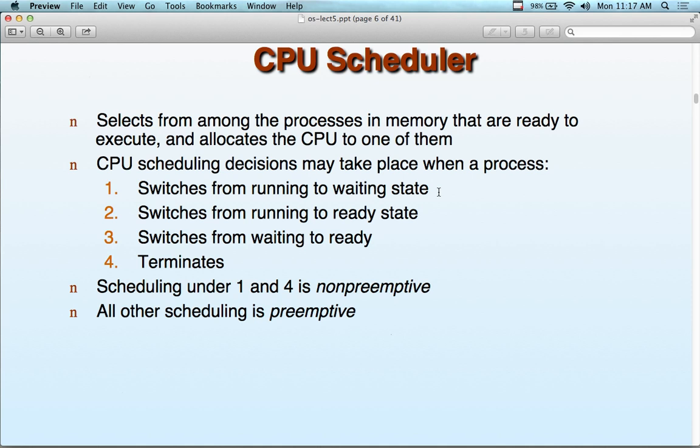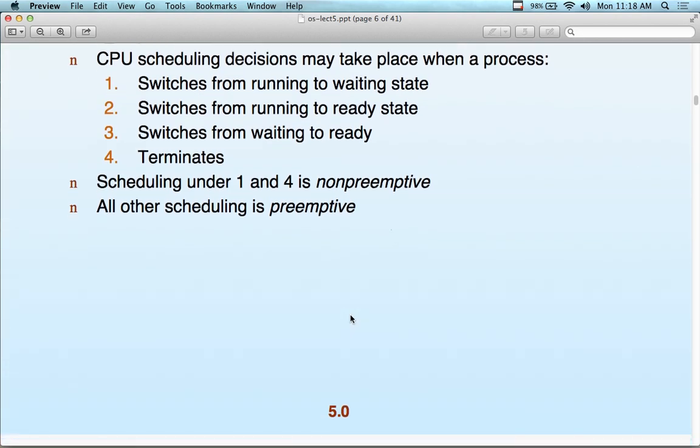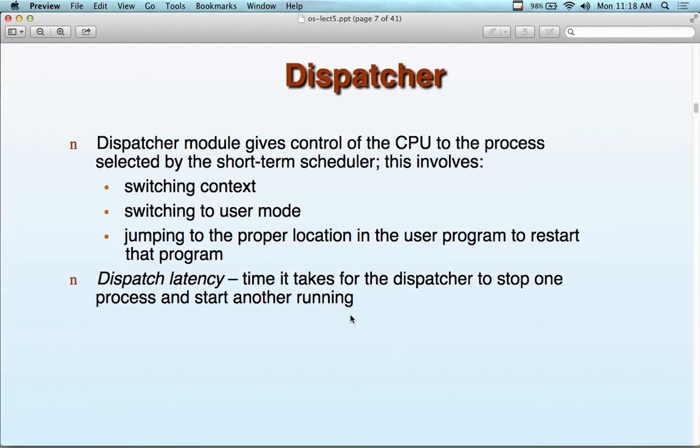it terminates, hopefully eventually. So scheduling under 1 and 4 is non-preemptive, and all other scheduling is preemptive. Preemptive means we're going to stop it. Non-preemptive means it's going to run until it finishes what it's doing, and we're not going to interrupt it. Which means that most of the I/O jobs that run are not preemptive.